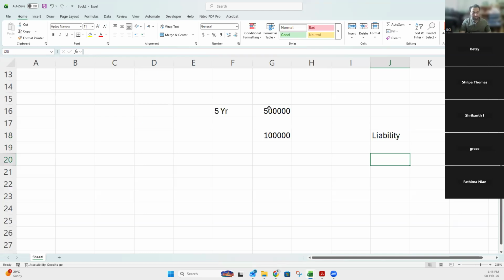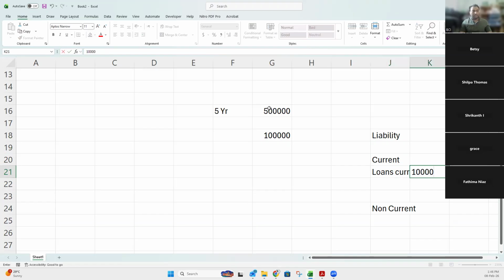You have current and non-current. So here, loans, the current portion you have to show here, $100,000, and the rest of the 400,000 we will show under loans.